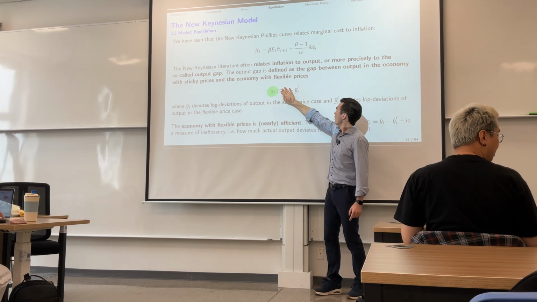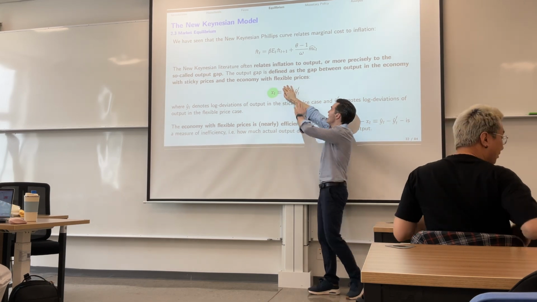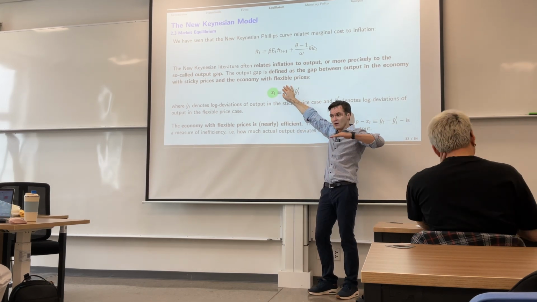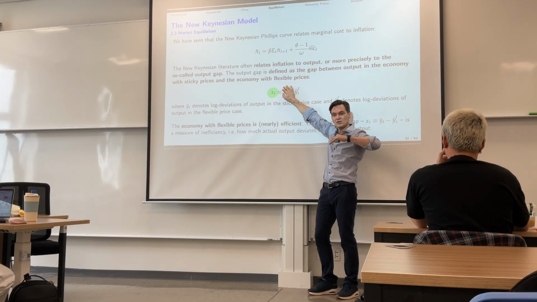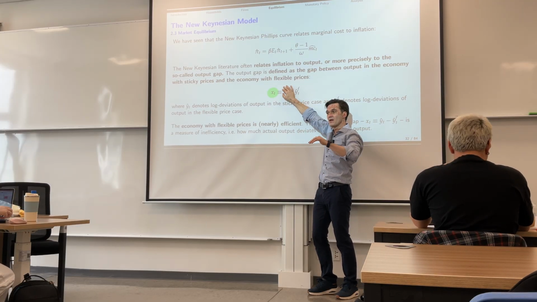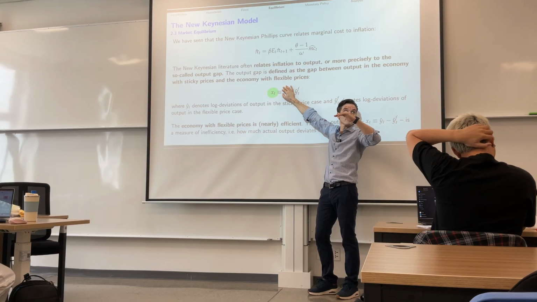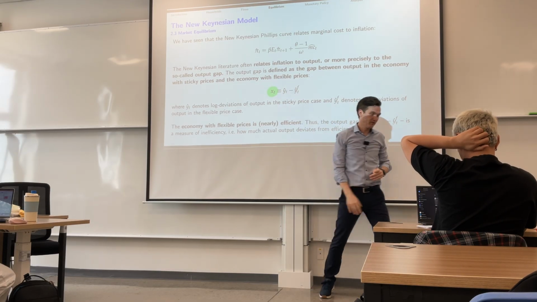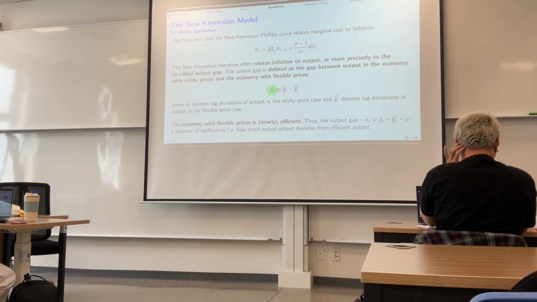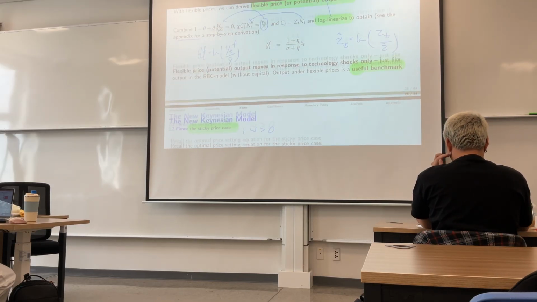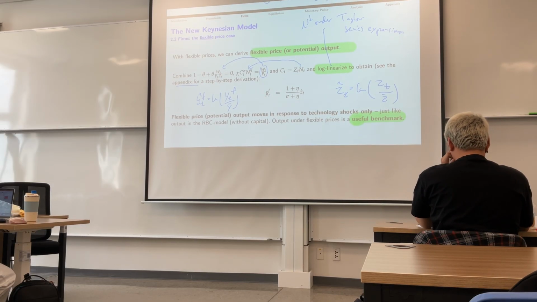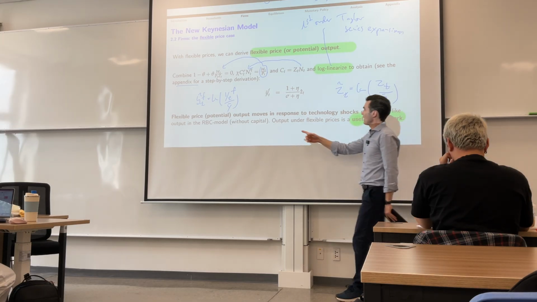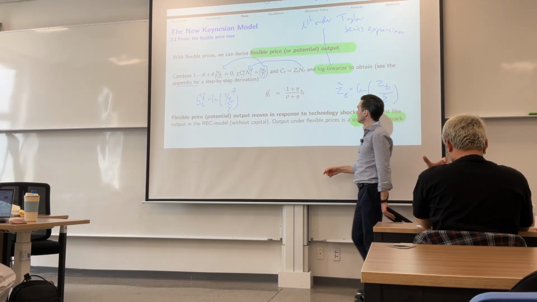So in other words, when there's a technology shock hitting, YF gives us the optimal response in terms of how the citizens of Vietnam would be most happy. And that's what goes into YF. When we worked out YF, you can show that this flexible price or potential output is nearly efficient.